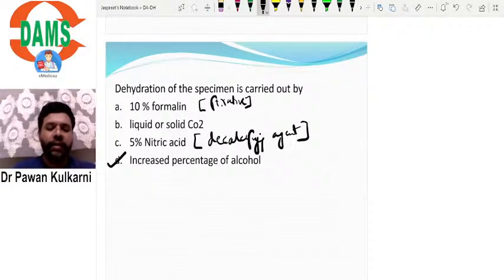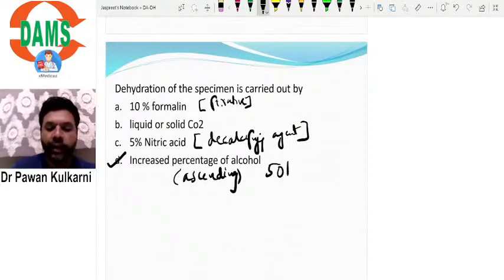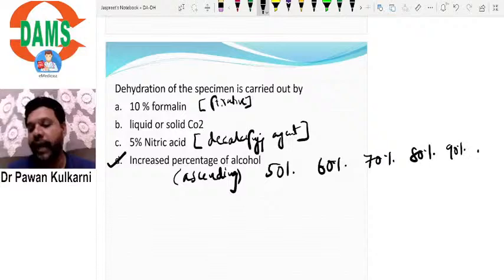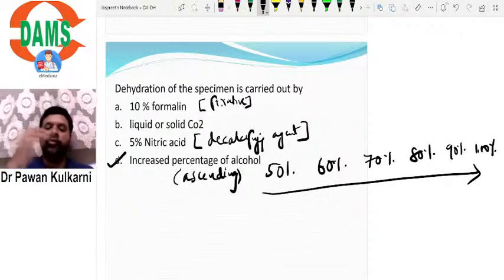We should remember the ascending grades of alcohol: 50% first, then 60%, 70%, 80%, 90%, and finally 100% alcohol, which is absolute alcohol. In this direction the tissue is moved. That is called ascending grades of alcohol. We do the dehydration step to remove water from the tissue during tissue processing.